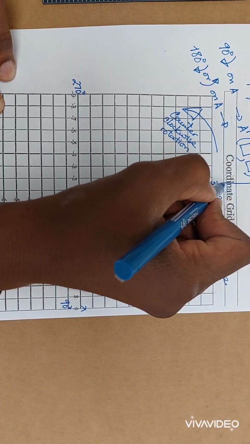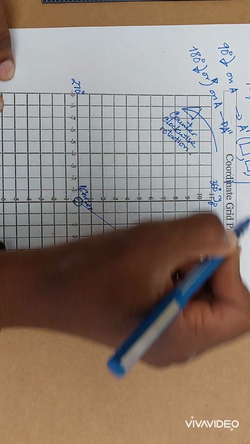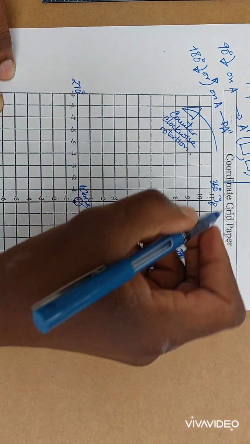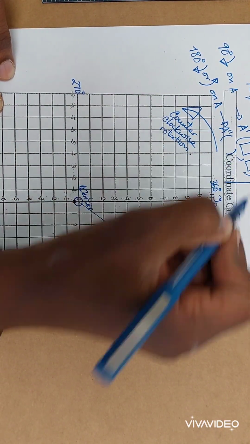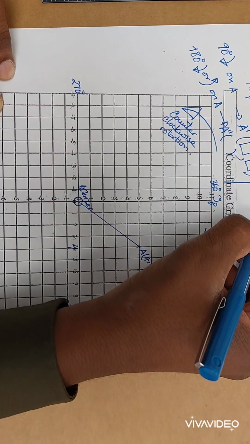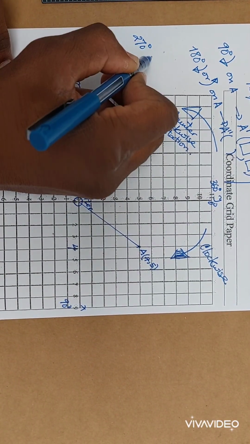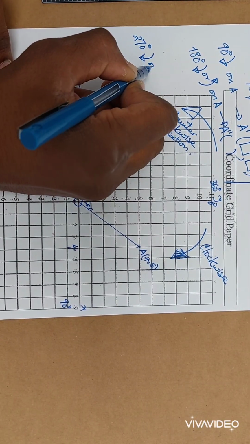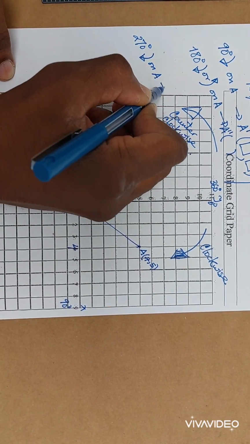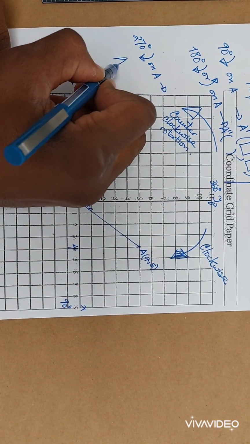Okay, so let me put this over here. We're going to call that A double prime, okay, so that it's different from the first one we did. A double prime, we want to get the coordinates here, and then also we want to do a 270 degrees clockwise rotation on A, and our coordinates will be A triple prime.